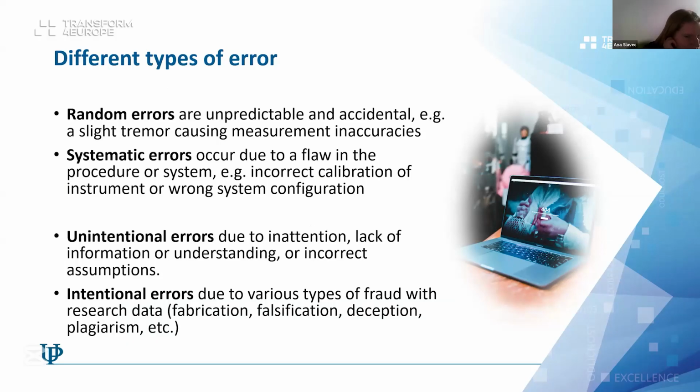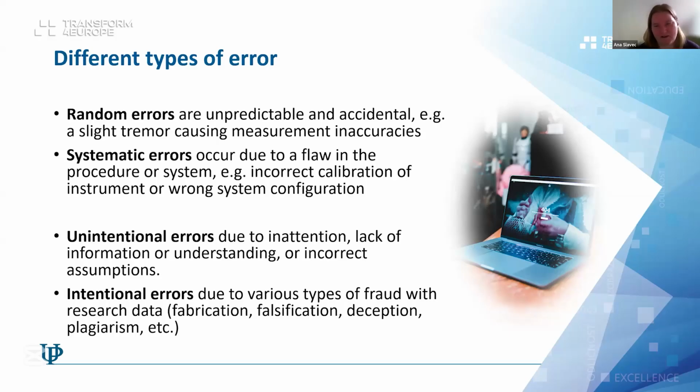Regarding errors, we also have to distinguish between unintentional errors that happen due to inattention, lack of information or understanding, or incorrect assumptions. But what can also happen is intentional errors due to various types of fraud with research data, such as fabrication, falsification, deception.